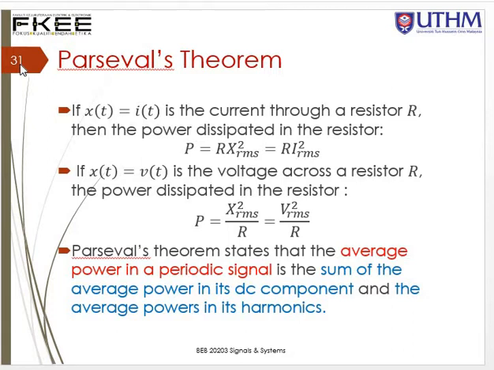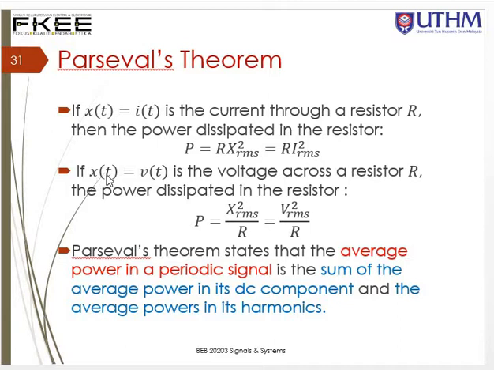Next is Parseval's theorem. If x(t) is equal to i(t), the current through the resistor R, then the power dissipated in the resistor is P equals R times X RMS squared, or R times I RMS squared.